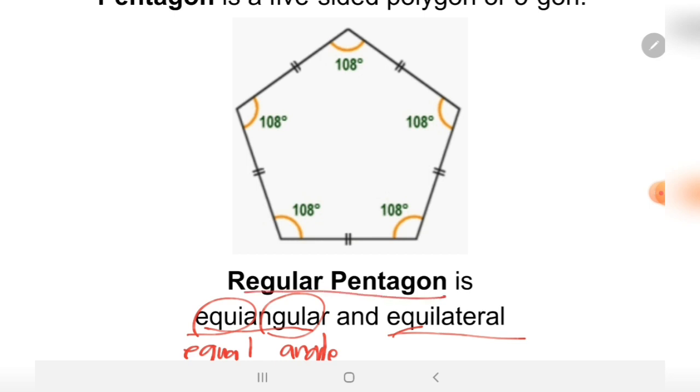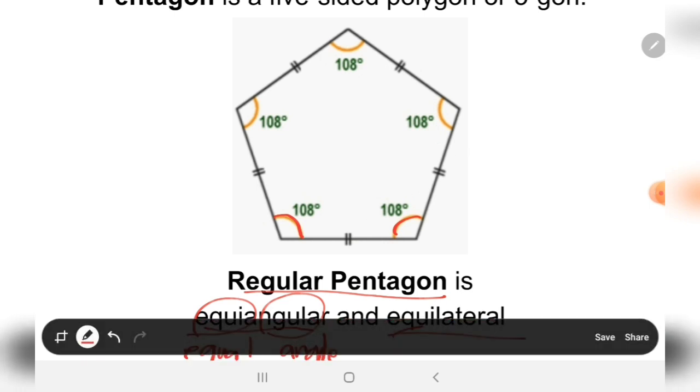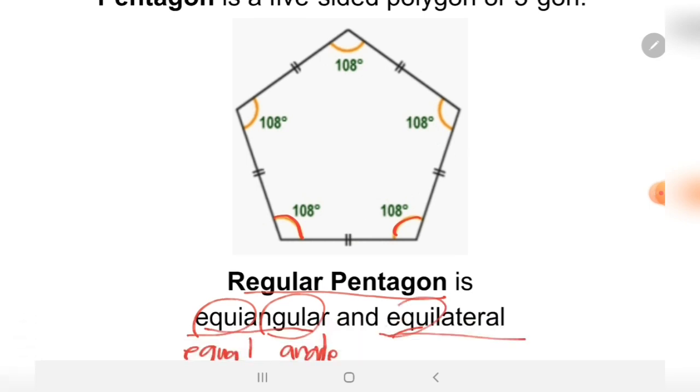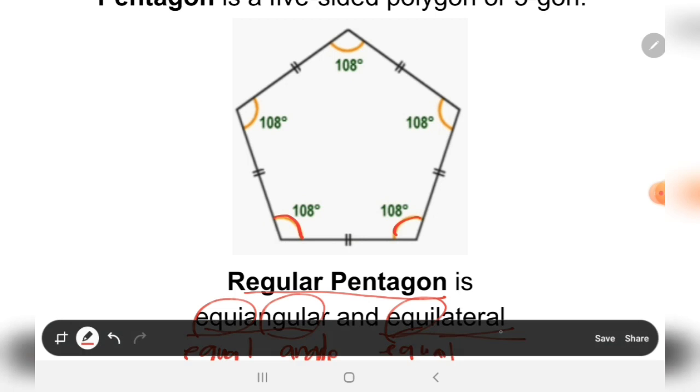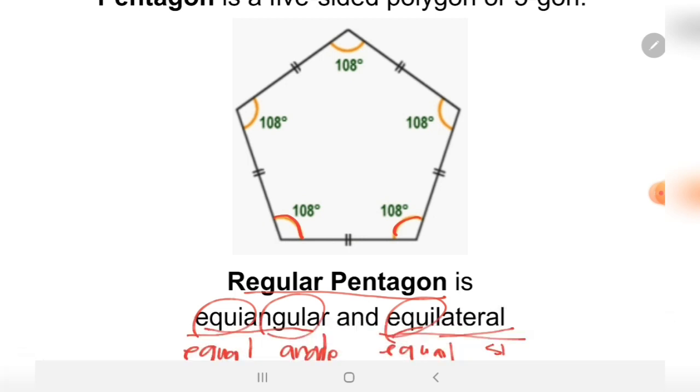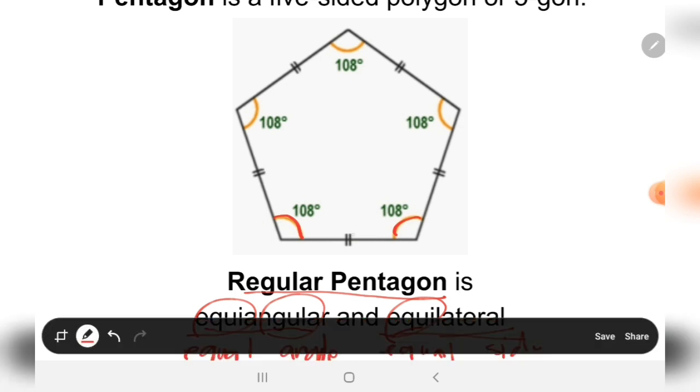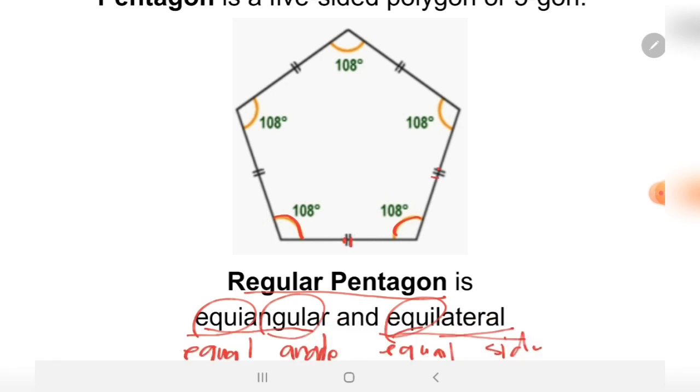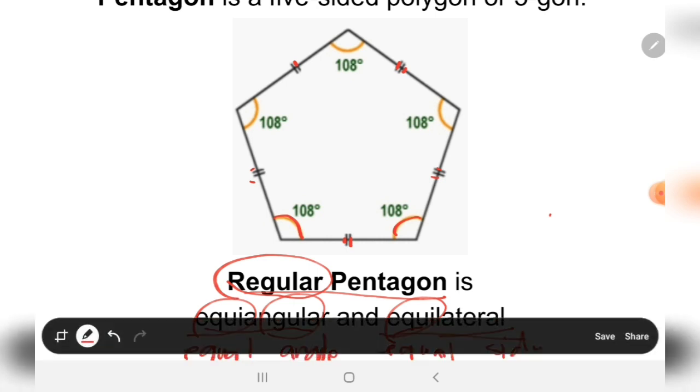Okay, angle. It means that in a regular pentagon, all angles are equal. And equilateral, it means equal, and then lateral meaning sides, equal sides. So in here, all sides are equal and all angles are equal, and that's what you called a regular pentagon.